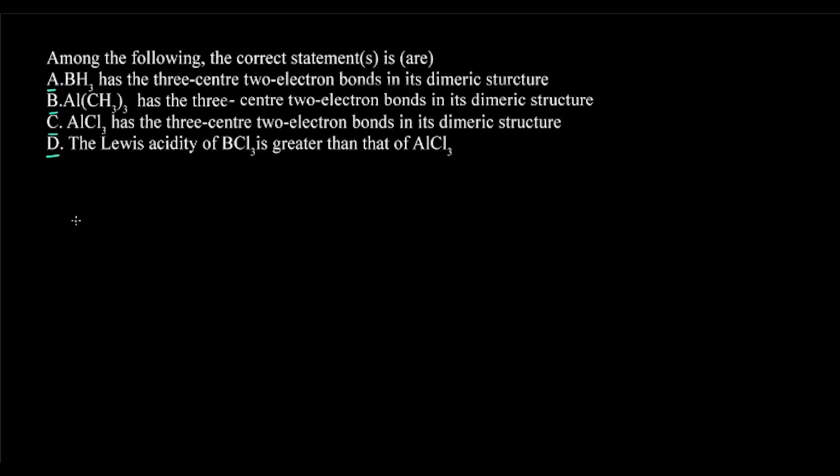So pick up from the alternative A, which says that BH3 has 3 center 2 electron bonds in its dimeric structure. We know that BH3 exists as a dimer, B2H6, and it shows 3 center 2 electron bond because of the deficiency of electron in the p orbital of boron atom. So BH3 definitely shows 3 center 2 electron bond character.